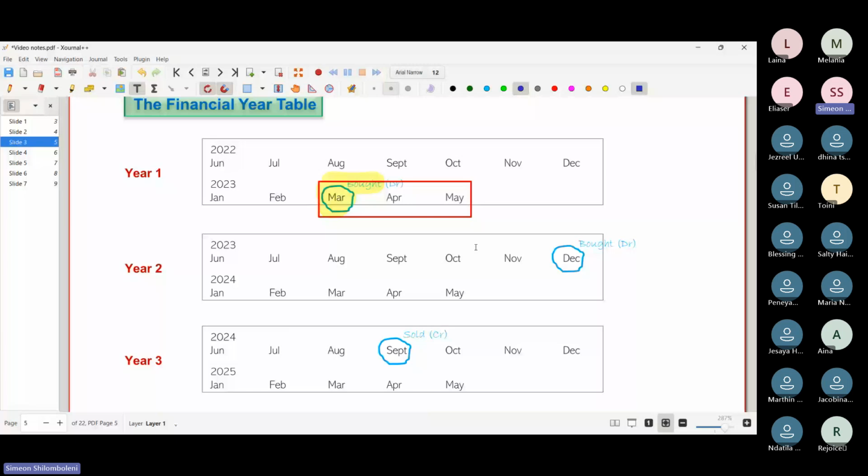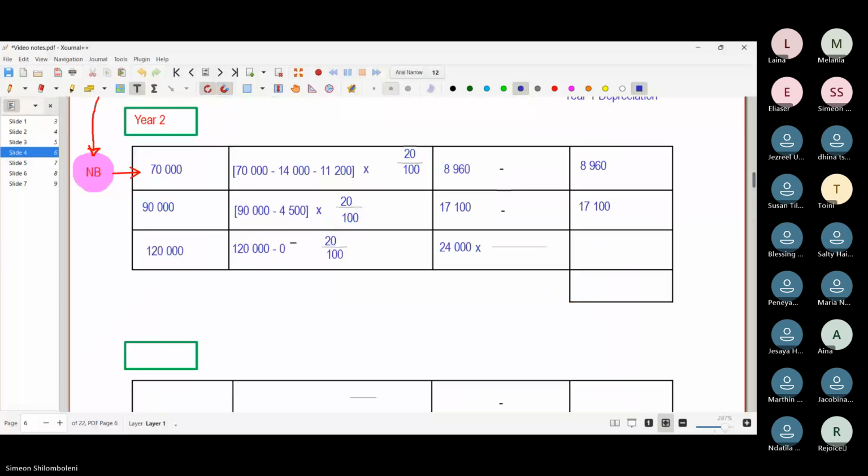For how long was this asset in our business? 6 months. Perfect. Now you write 6 over 12. We get, I think it's 12,000.